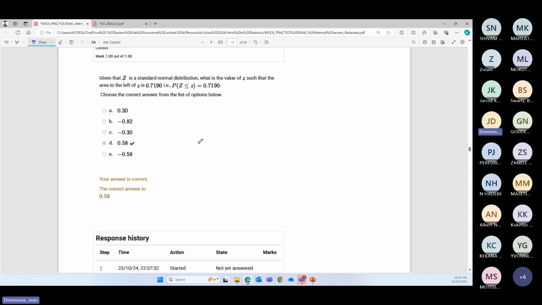So this one was basically where they said, given that the Z is standard normal distribution, what is the value of Z such that the area to the left, okay, so if that is 0, we know that this area is 0.5. So area to the left must be equal to 0.7190.